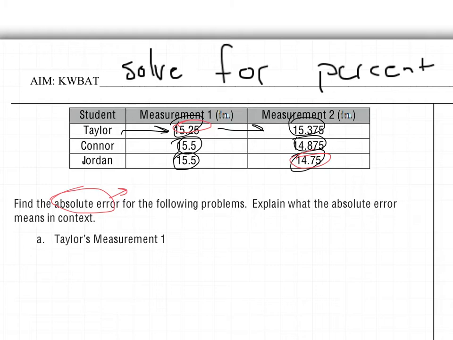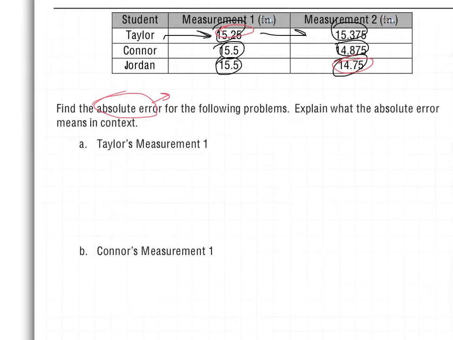So basically we're saying if we take their measurement, and we're going to call their measurement M, and we subtract away what it's actually supposed to be, we're going to get a value. But we actually don't care what value it is, whether they're off in one direction or the other.